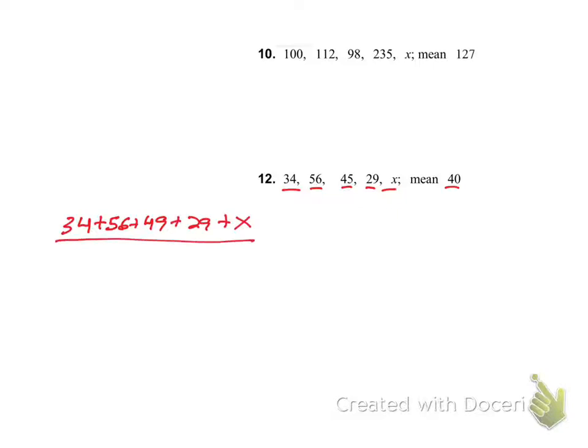And then if we divide that by the number of numbers there are, so there's 1, 2, 3, 4, 5, that's going to equal our mean, or our average, of 40. So let's add those up. That's just going to be 168 right there. So 168 plus our x divided by 5 is equal to 40.